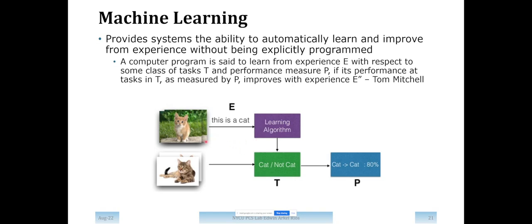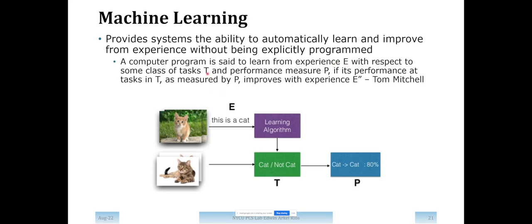In the case of image recognition, we have images, and we have a task, which is recognizing if this is a cat or it's not a cat. The experience is the images.